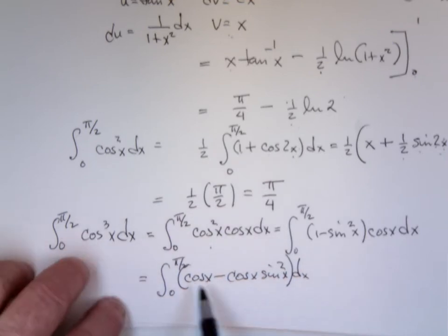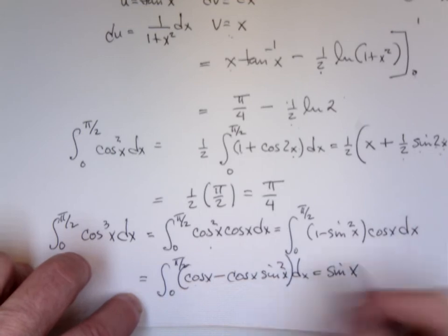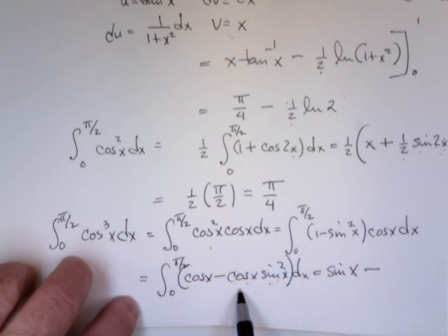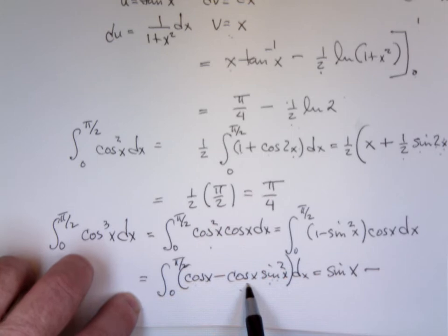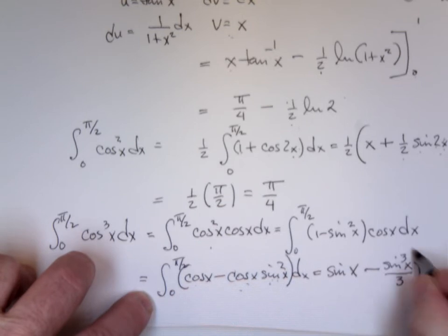The integral of cosine is sine minus. This is a u to the n form. U is sine, the du is cosine. U squared du, the integral of u squared is u cubed over 3. And you're going from 0 to pi over 2.